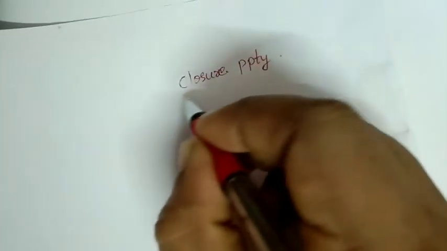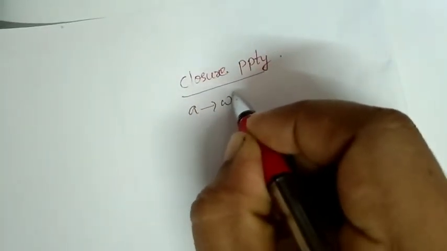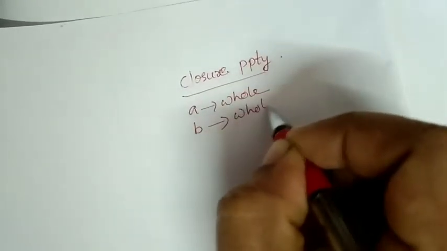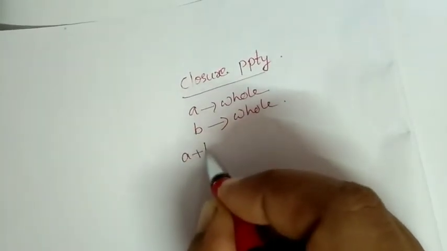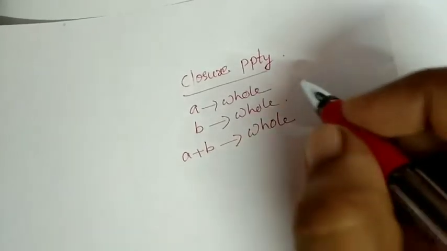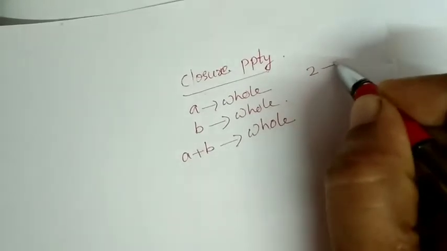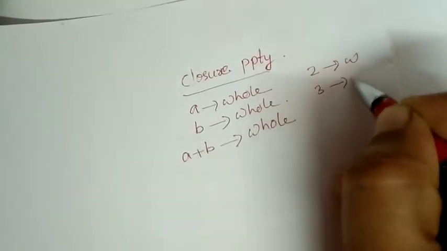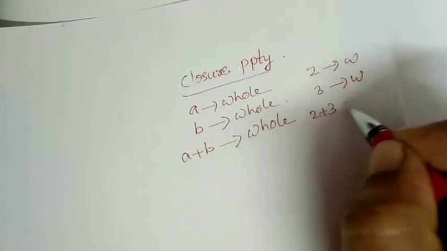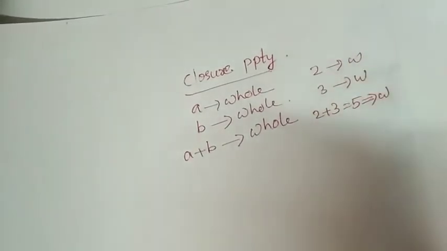In general, suppose A is a whole number and B is also a whole number, then A plus B is also a whole number. This property is known as closure property. One example: 2 is a whole number and 3 is also a whole number, then 2 plus 3 is equal to 5, which is also a whole number.